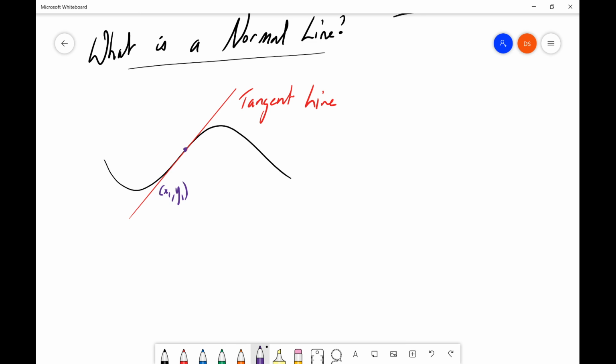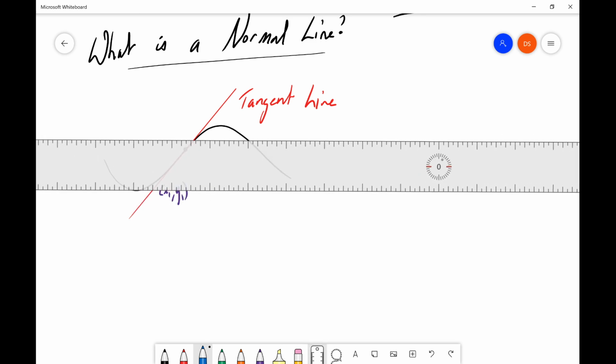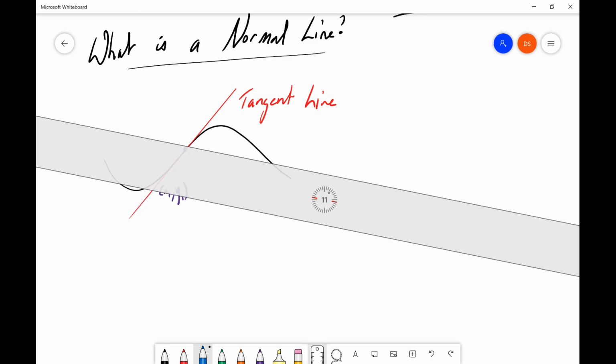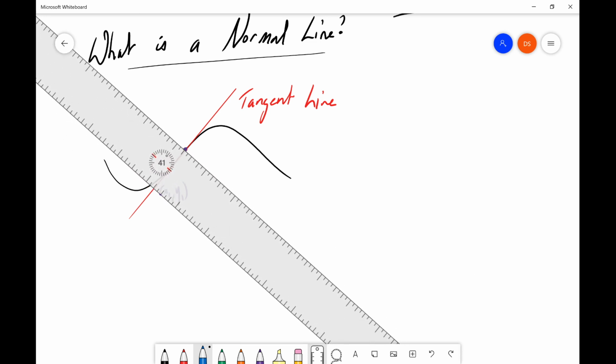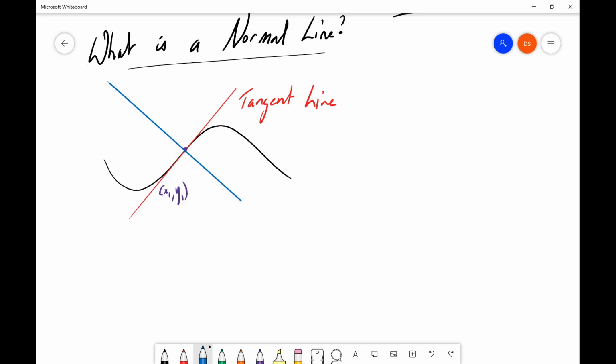But now I'm going to draw another line, and I'm going to draw this line perpendicular to the tangent line. Alright, get the ruler. And how do I know it's perpendicular? We have 90 degrees in here.